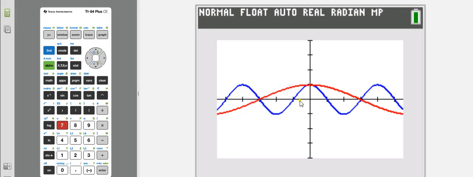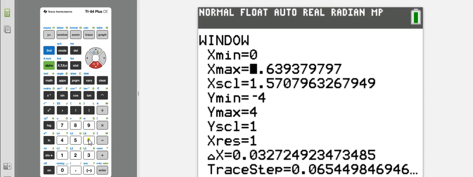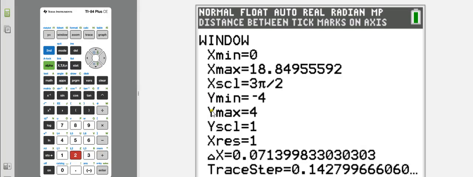Now notice, we went from 0 to 6 pi, because that was the period for cosine of x over 3. And the x scale is 3 pi over 2. And let's just leave the y min and y max alone and see what happens. Let's graph.